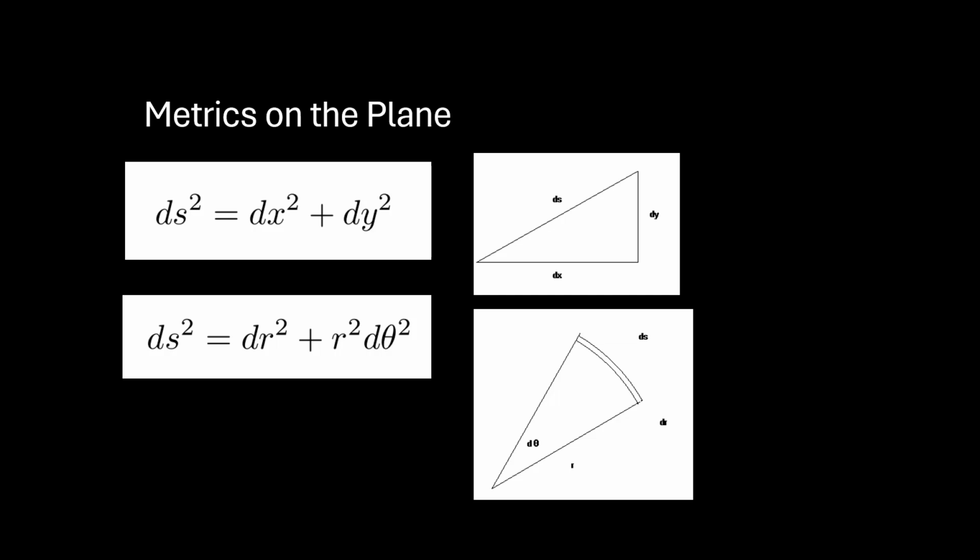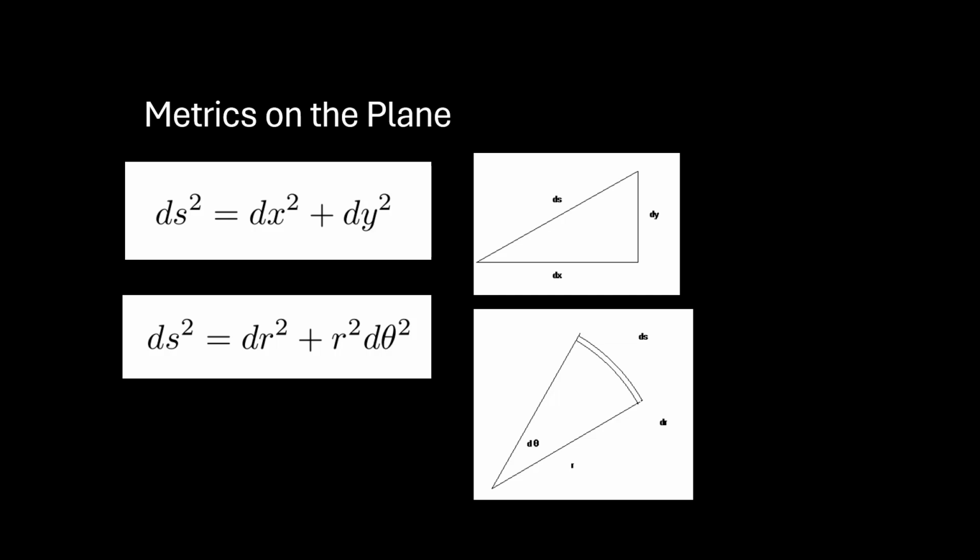That's all you've done. However, if dr is 0, then you're moving on an arc of a circle. If r is fixed, change in r is 0, you end up with ds equal to r d theta, which is the same as that famous formula from trigonometry, s equals r theta.